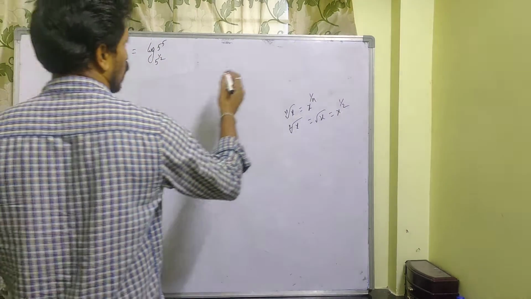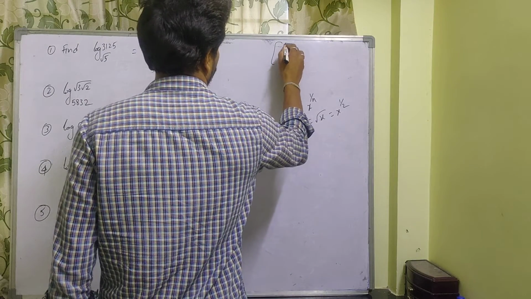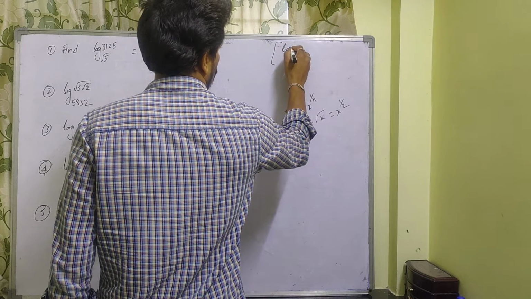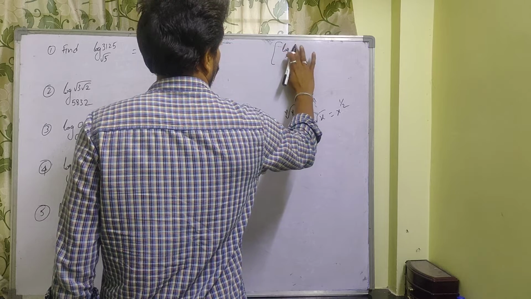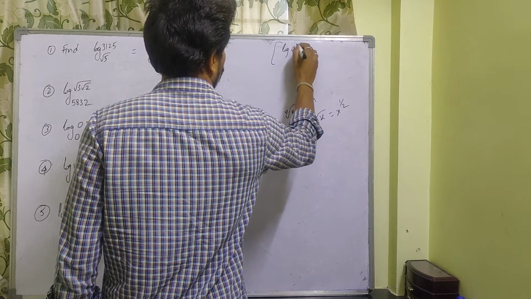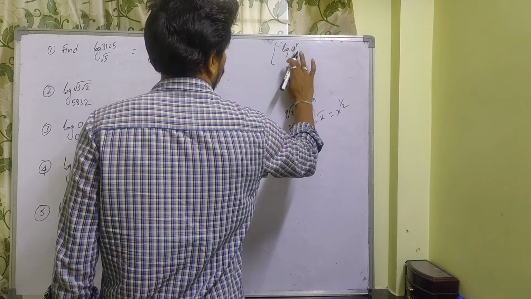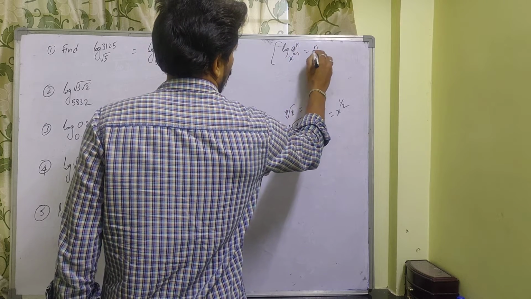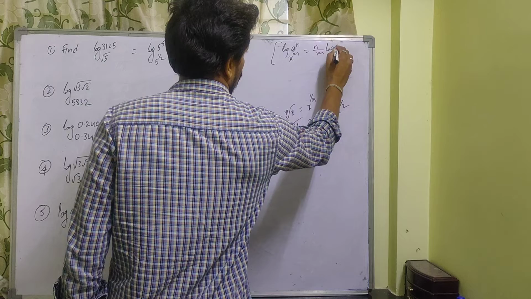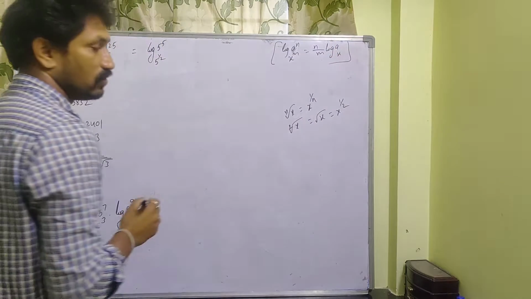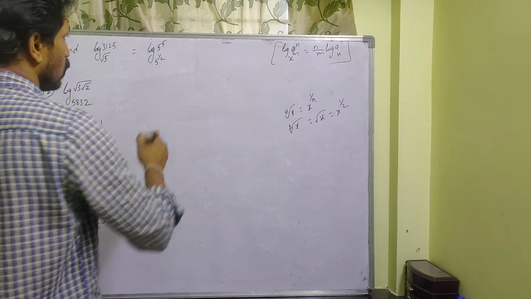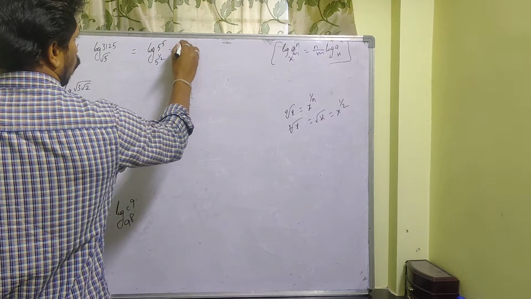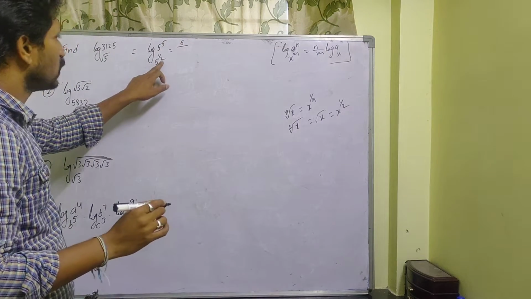So you can use here the formula. What is the formula? Log a power n to the base x power m is nothing but n by m into log a to the base x. This formula you can use here. So this one is nothing but 5 by, here this is 1 by 2.